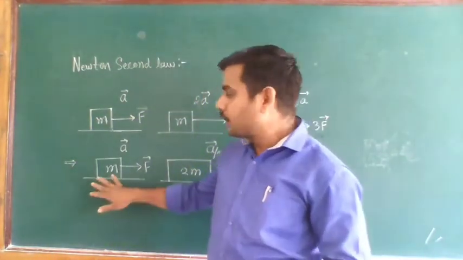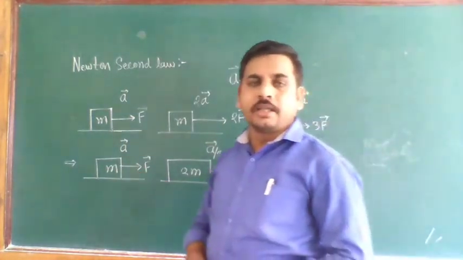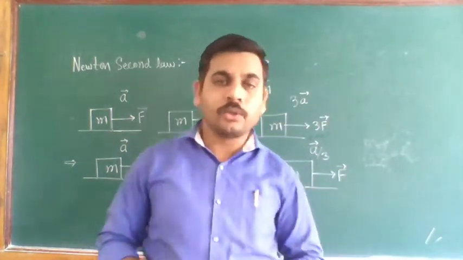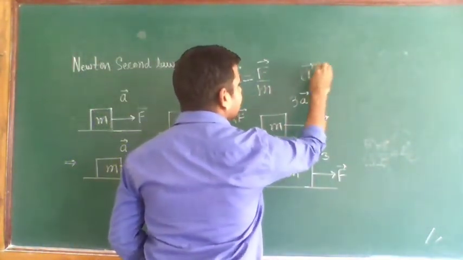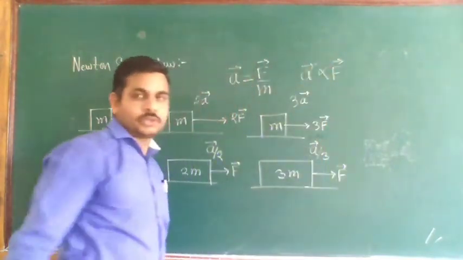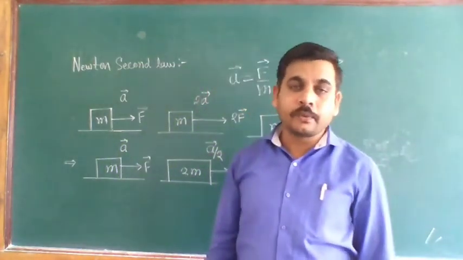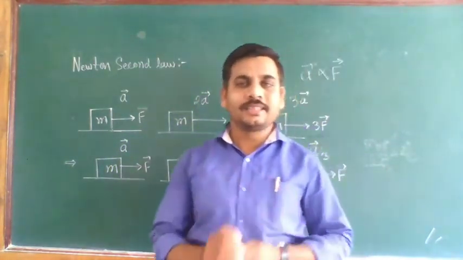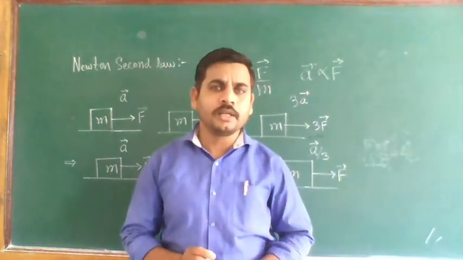Even in normal daily life, when we make observations, mostly the mass will not change. So here we can say that this acceleration is directly proportional to the applied force. You can see examples from your daily life. Just consider any vehicle, or a two-wheeler.